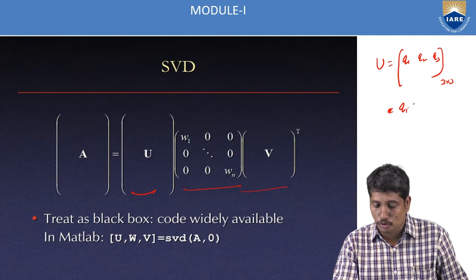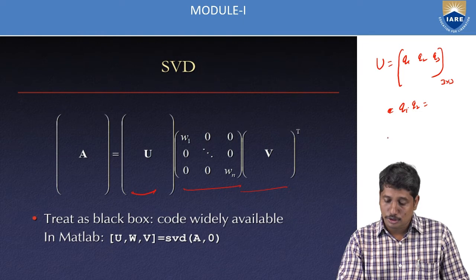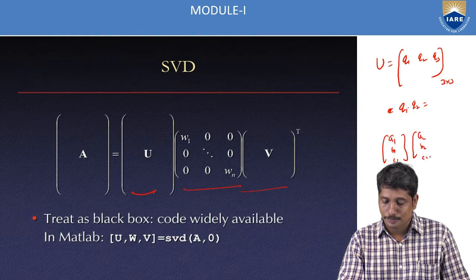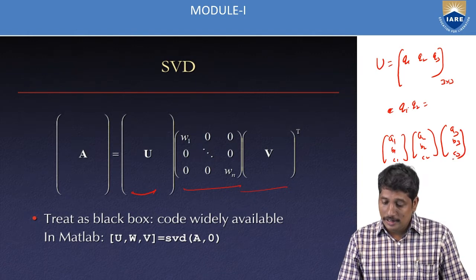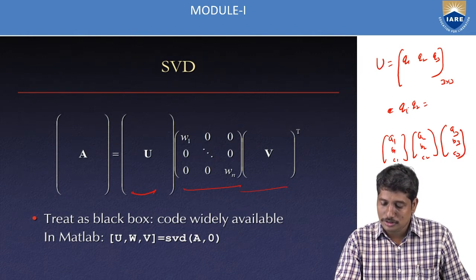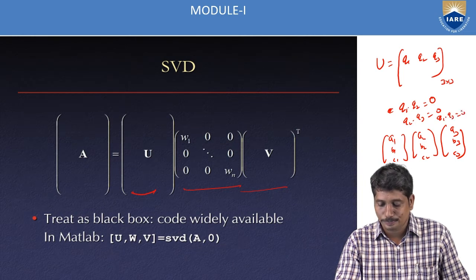Q1 dot Q2, the dot product of two vectors. If we have Q1 as A1, B1, C1, Q2 as A2, B2, C2, and Q3 as A3, B3, C3. Orthogonality means the dot product is 0. That means Q1 dot Q2 is 0, Q2 dot Q3 is 0, and Q1 dot Q3 is 0.